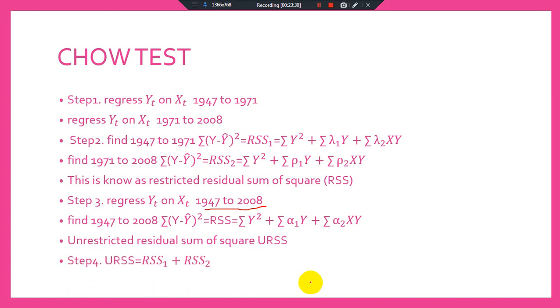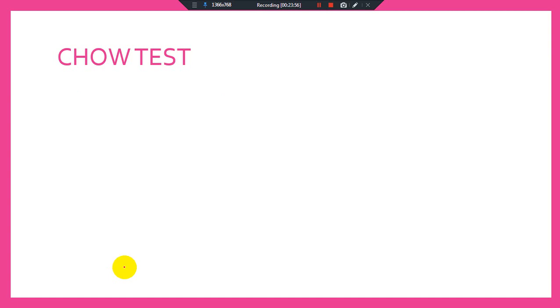And step 4: keep in mind that if we sum the first and second residual sums of squares, they must be equal to the unrestricted or total residual sum of squares. If not, then there may be a structural break, and we make a conclusion at the end of the Chow test.